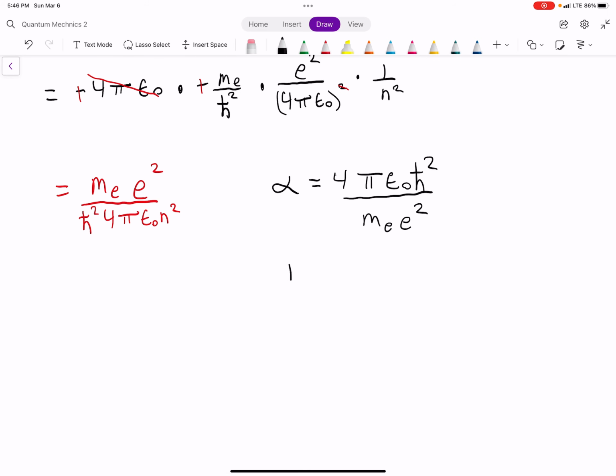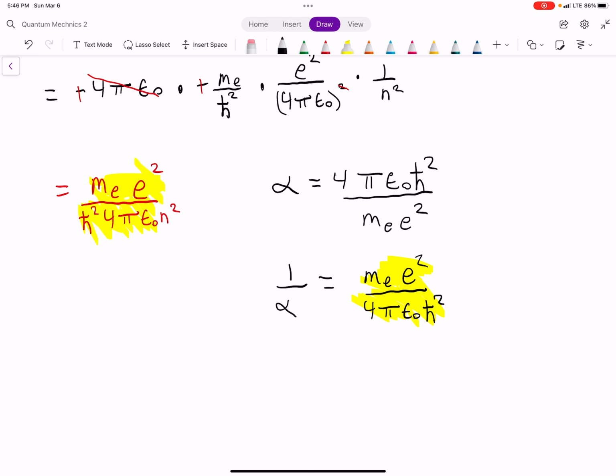And if we take the inverse, 1 over alpha is m e e squared over 4 pi epsilon naught h bar squared. And this is just this. That's all this.